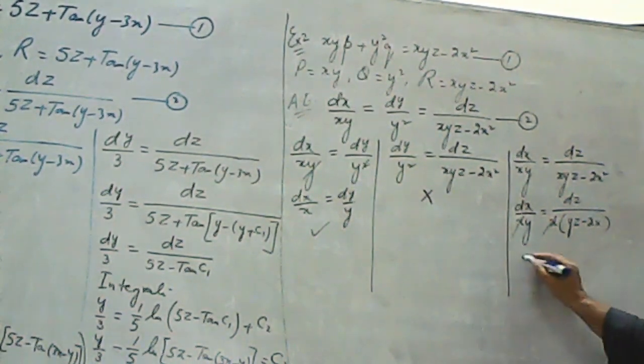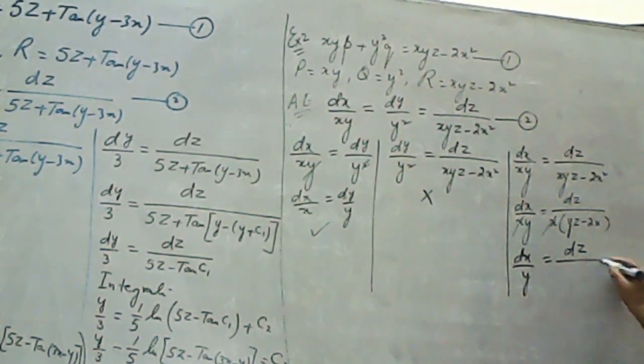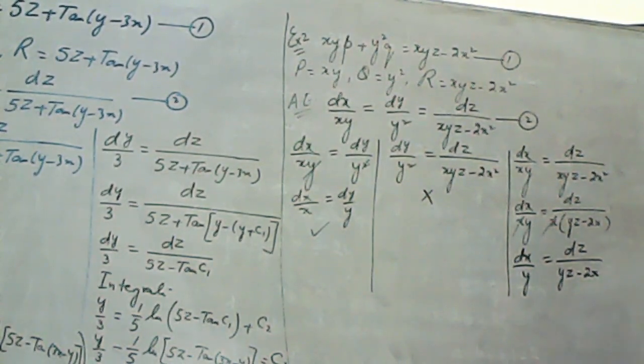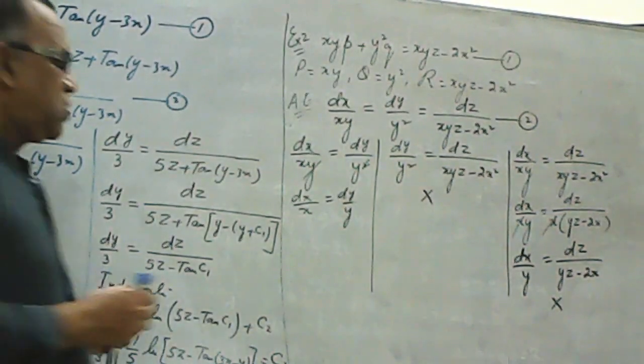Here what is remaining? dx over y equal to dz over yz minus 2x. Since y is missing from the numerator, it is not possible to cancel y from the denominator, so this possibility is also not solvable. So what we decided is that whichever possibility is possible to solve, just solve it.